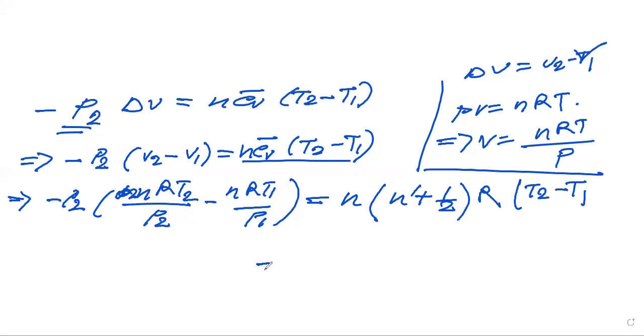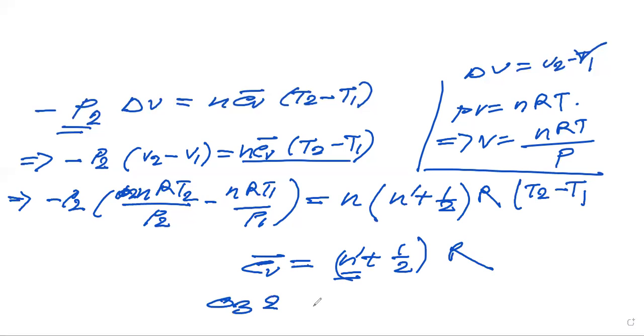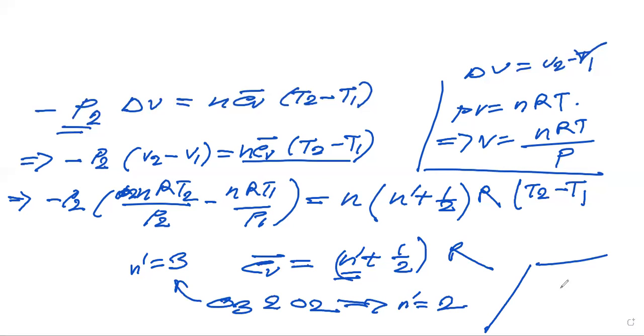We can express Cv bar equals (n dashed plus half) into R, where n dashed is molecularity. Taking the example of O3 and O2: for O3, n dashed equals 3, and for O2, n dashed equals 2. You can calculate n dashed for CH4; it will be 5.